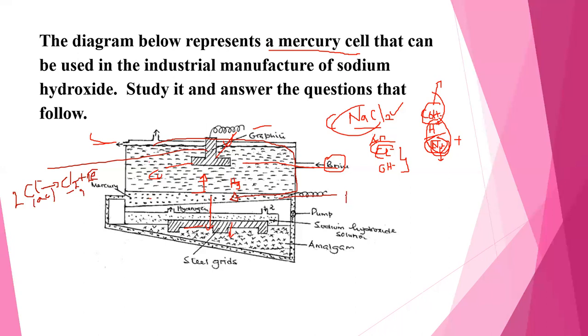So there is a reduction, where sodium ion combines with the two electrons to give us sodium metal.